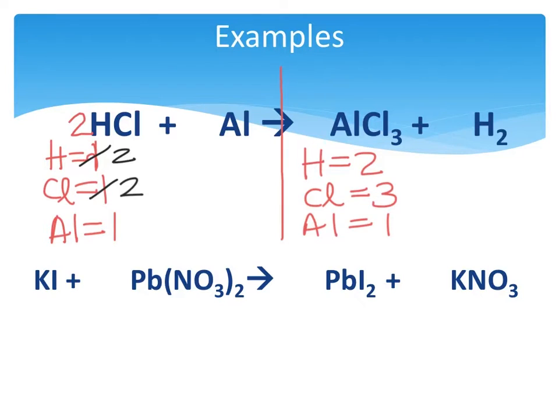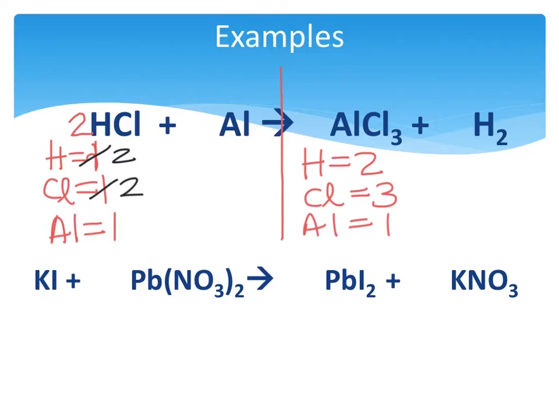Now this doesn't always work easily because sometimes the chlorine is in multiple compounds, but in this case, looking at the equation, I can see that there's chlorine only in one compound on each side. So let's change that.